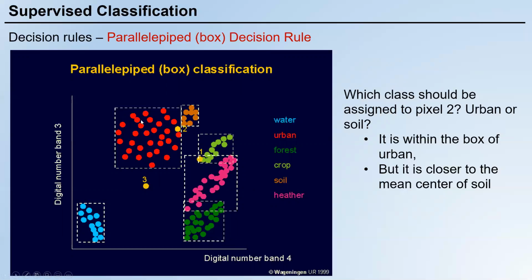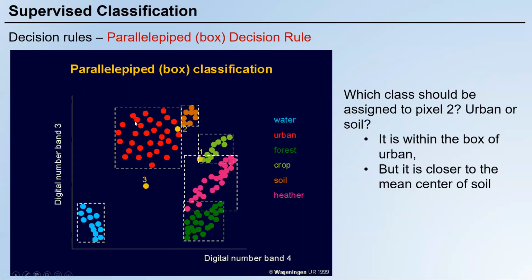Pixel 2 is included in the box for urban, that is for sure, right? But if you compare the distance between pixel 2 and the center of urban with the distance between pixel 2 and the center of soil, you will see that pixel 2 is actually closer to the center of soil. If we're considering this method, pixel 2 should be assigned to soil instead of urban.